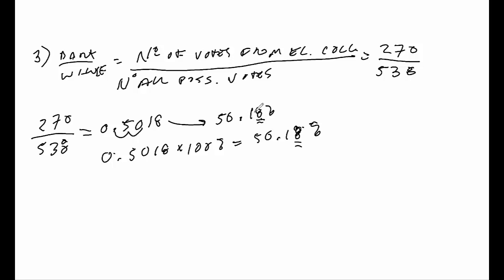If it's under 5, it will remain a 1. Since it's an 8, if we round to the nearest tenth, it will be 50.2%. And that means we have rounded it to the nearest tenth.